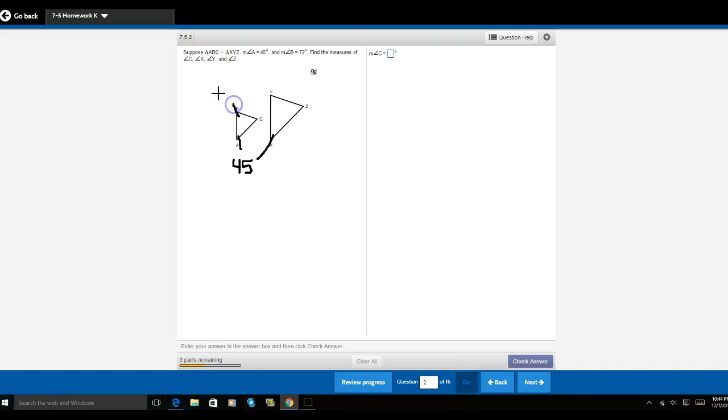Angle B is 72, which means that angle Y is also going to be 72. So I'm solving for C, and really and truly I'm also solving for Z here. So I'm going to take 72, I'm going to add 45 to that because the measure of all three angles should be 180.